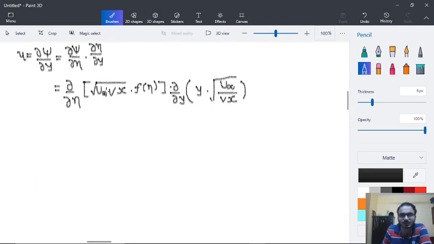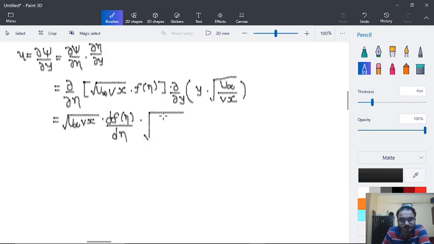Now further continuing this, we will be getting this as square root of u infinity nu into x into d f of eta over d eta into, once we differentiate this with respect to y, that is we are now discussing the last term, here we will be getting square root of u infinity over nu into x.